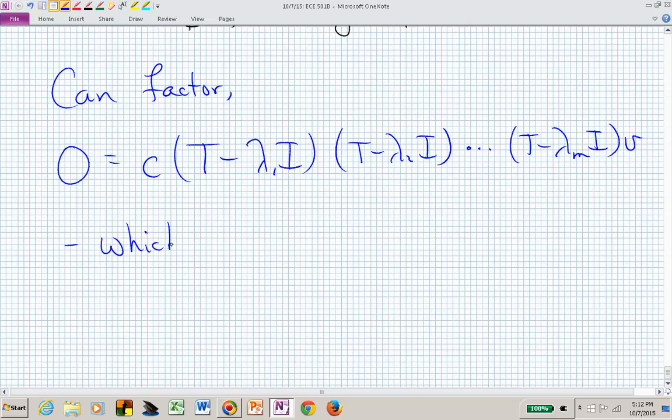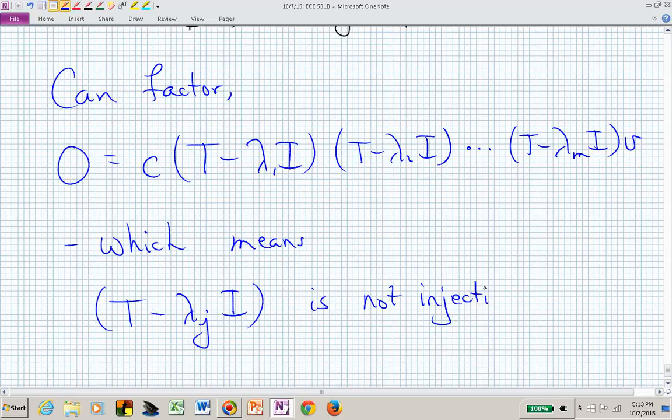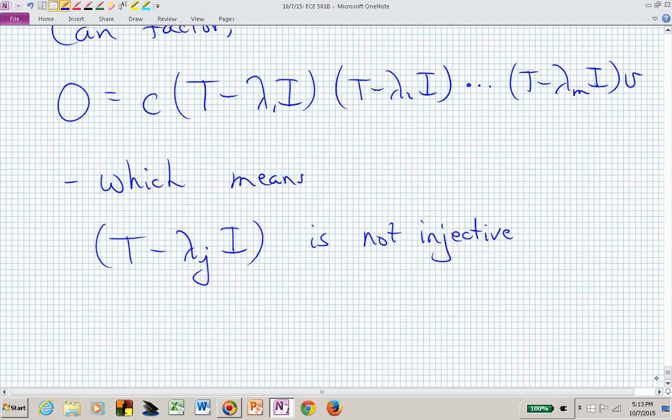So this being 0 means that t minus lambda, I'll just say lambda sub j I, and you know that j doesn't mean the square root of minus 1, right? So I'm overusing j, it's overloaded, j is now just an index. One of those maps is not injective, since that product drives me to the 0 vector for at least one of those lambda j's.